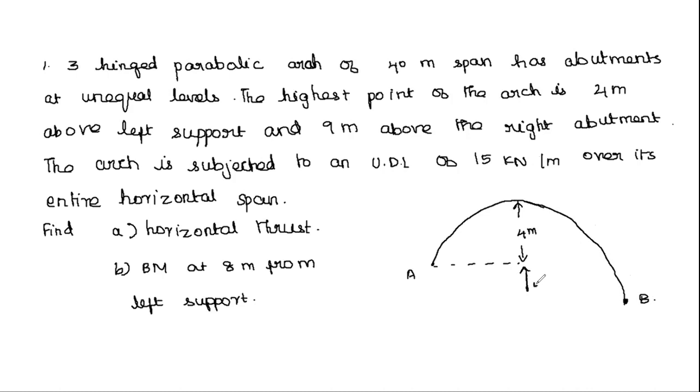So the total height is 9 meters. I am writing it as 5 meter from here, so 5 plus 4, 9 meter above the right abutment, and the total length is 40 meter, which we mention as L1 plus L2 is equal to 40 meter.